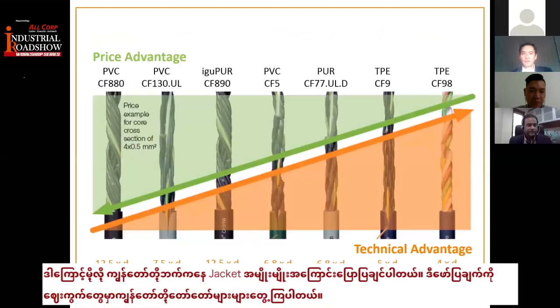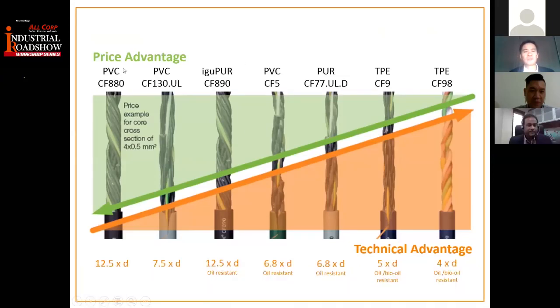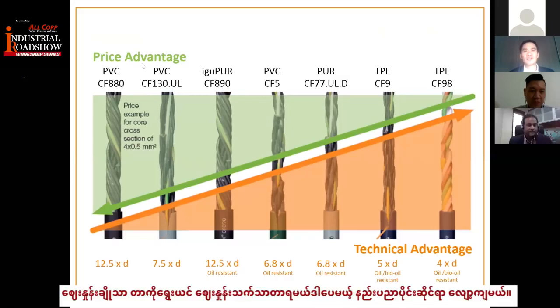Hence, from our point of view, there are different jackets. Many times you can see these illustrations out in the market. Either you want a price advantage, then your price will be very affordable or cost optimized, but the technical advantage will be very low.